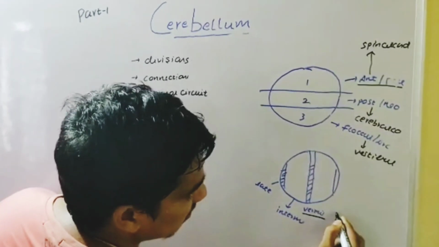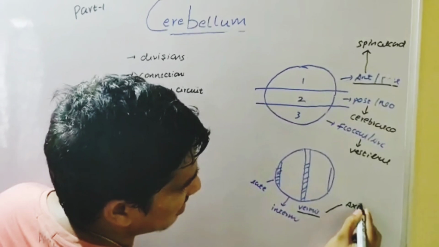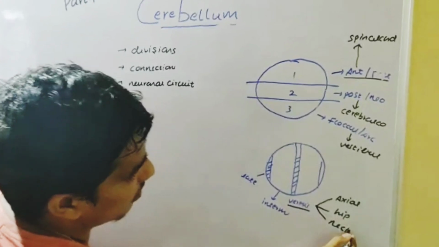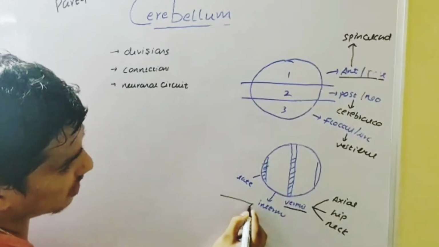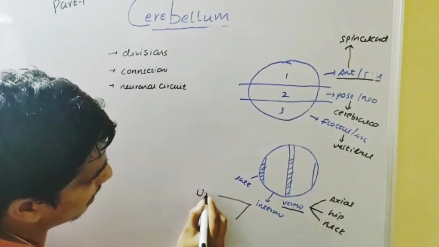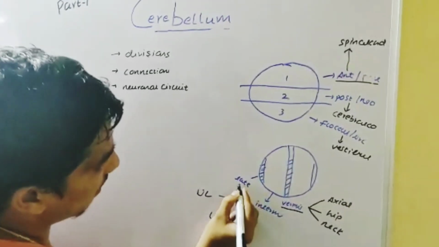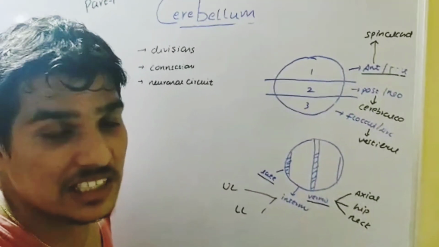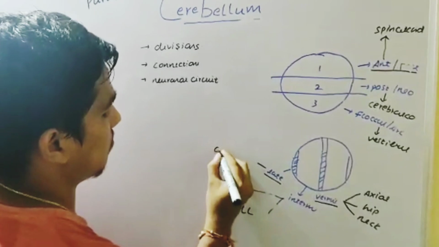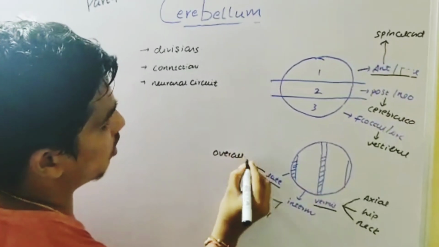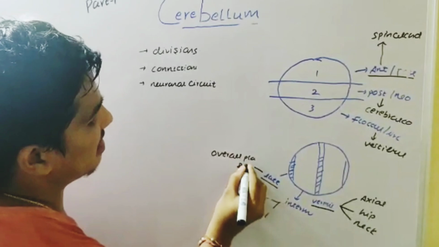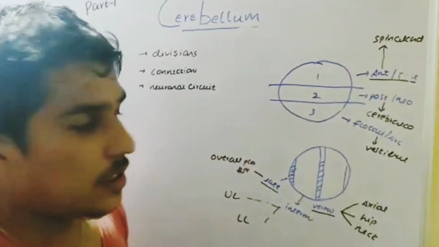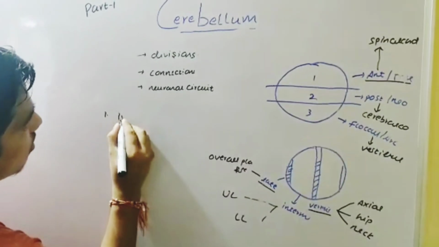The vermis is involved in functioning of the axial body, hip and neck, while the intermediate zone is involved in functioning of the upper limb and lower limb distally, while the lateral zone, which is the important zone, is involved in overall planning and sequencing.